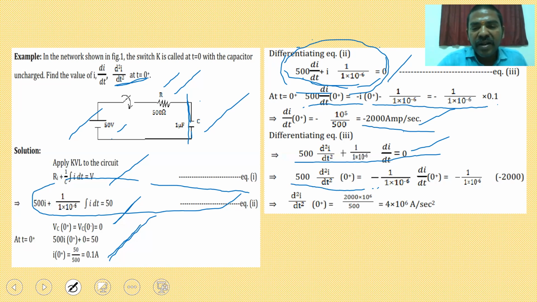So finally d²i(t)/dt² of 0 plus condition is equal to 2000 into 10^6 divided by 500. So finally you can get 4 into 10^6 amperes per second squared.